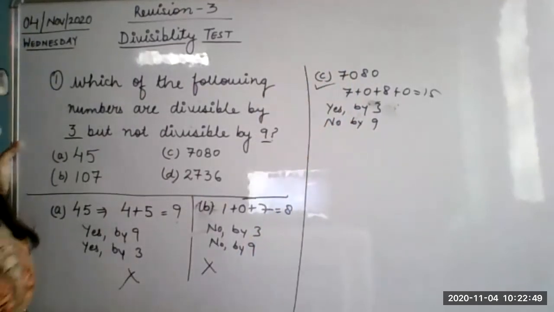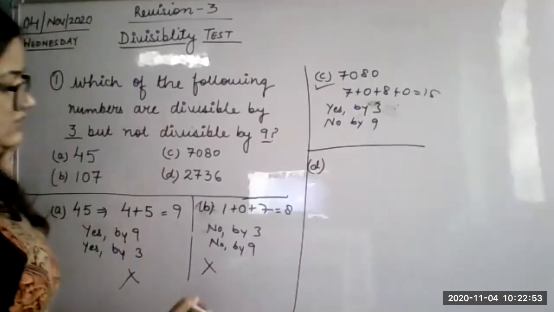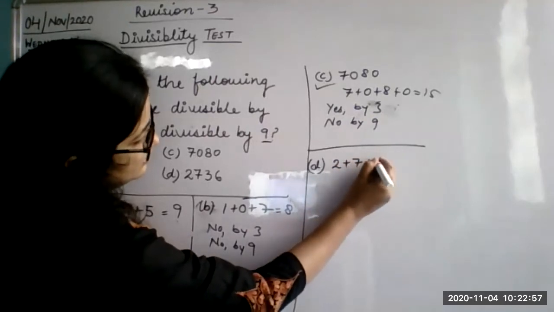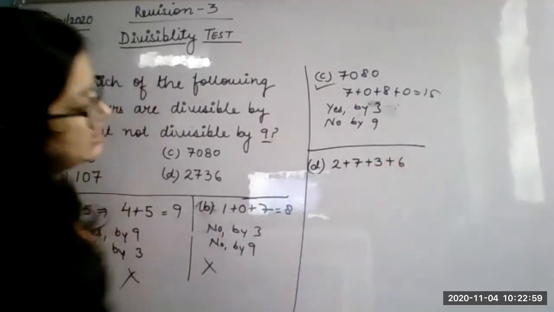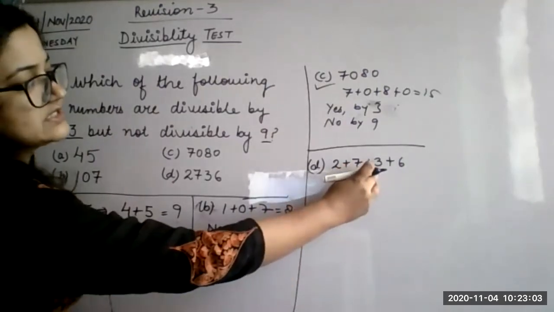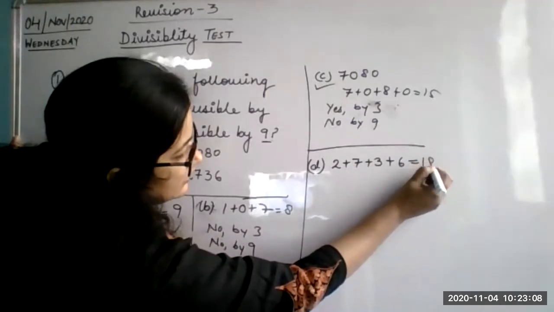What are you asking? Ma'am, I've written that it is divisible by 3. You have to write it. Now add it. 2 plus 7, 9 plus 3, 12 plus 6, 18.